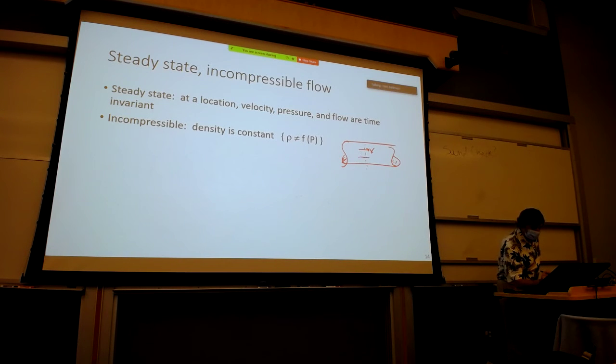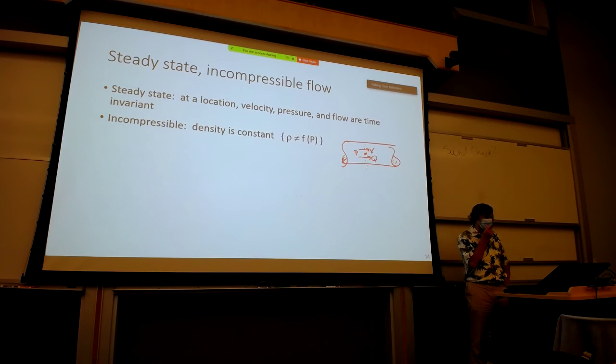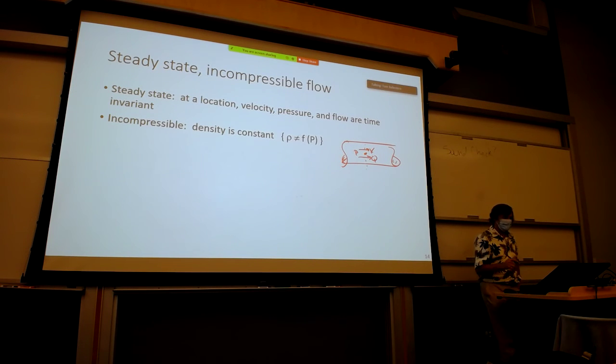In addition, the pressure and the discharge at this location are all time invariant. That's what steady state means. And lastly, when we say it's incompressible, also at that location, the density is time invariant.